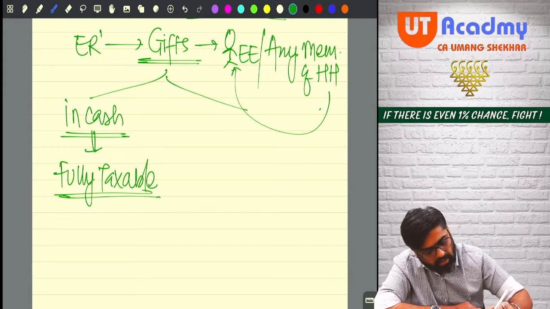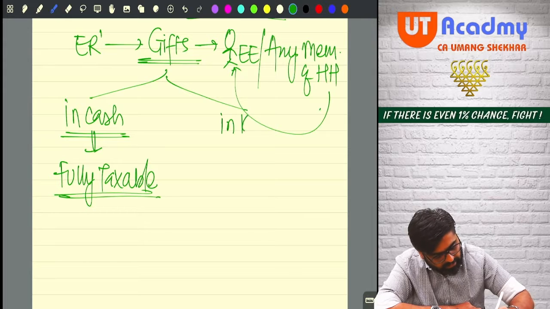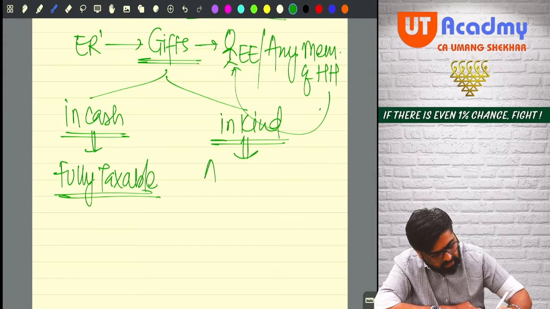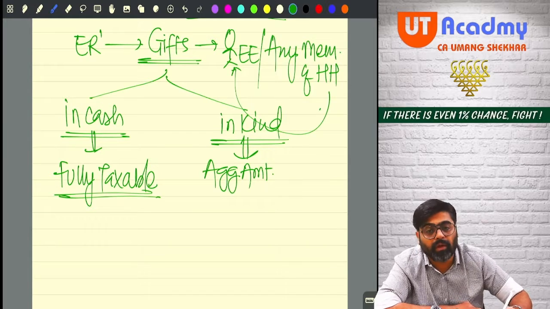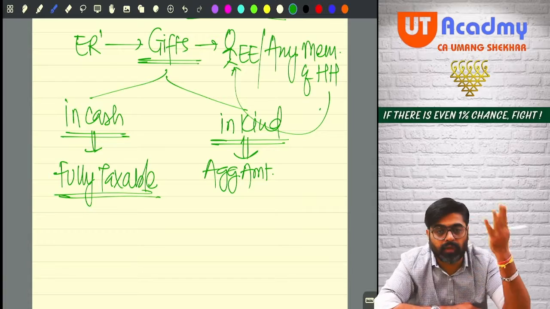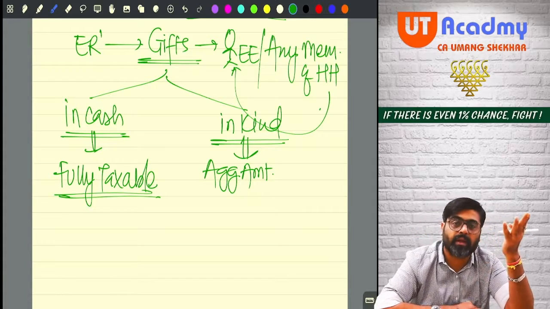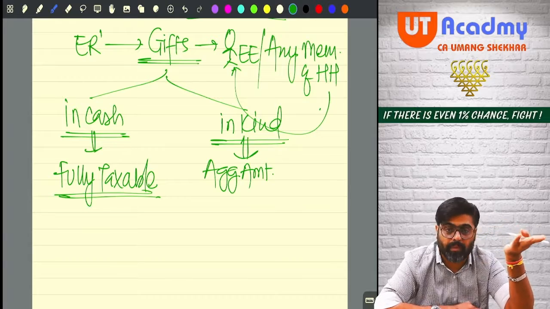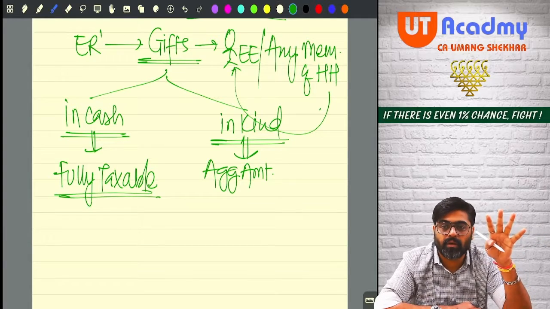Now, if the gift is given in kind, then we have to see the aggregate amount of gifts in kind. Aggregate amount means the amount of the gifts in kind given to the employee during the year and the gifts in kind given to members of the household during the previous year.